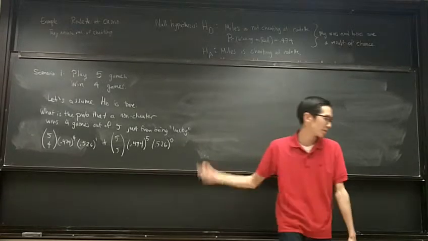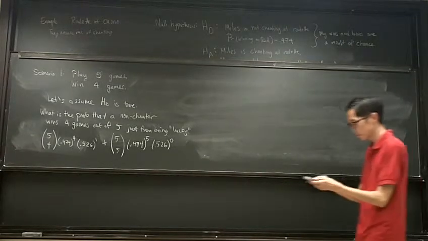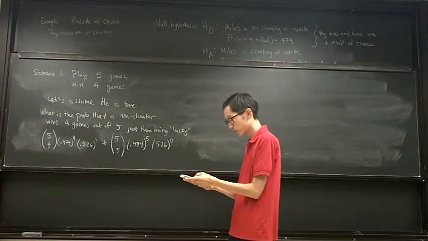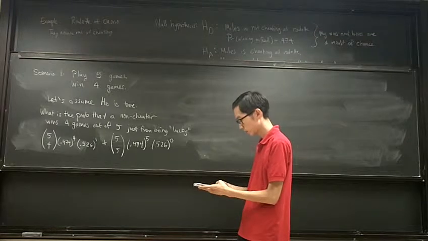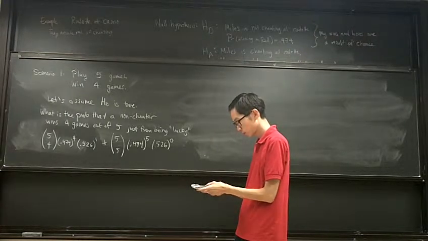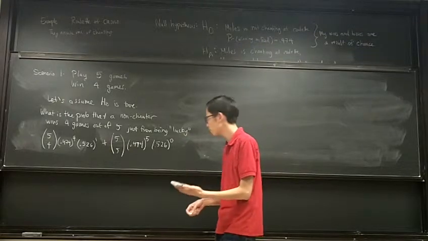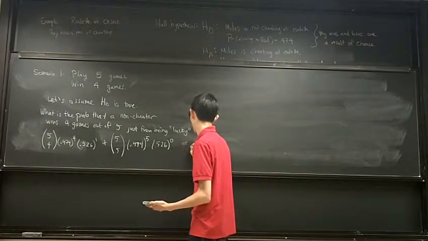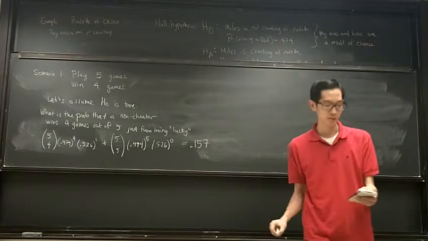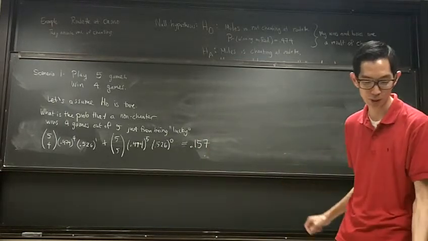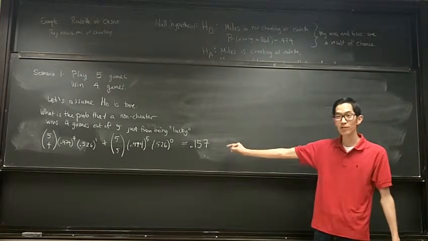Okay, I don't know. Does somebody have a number here? Let me see. 0.474 to the 4th times 0.526, okay, and I'm getting 0.157. I just punched this quickly on the calculator, so I don't know. Okay, so 0.157.